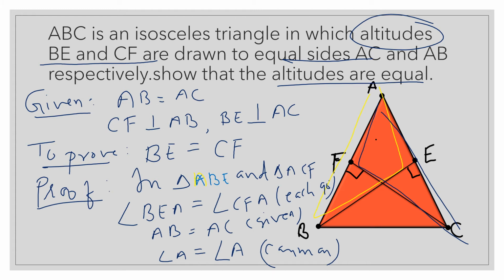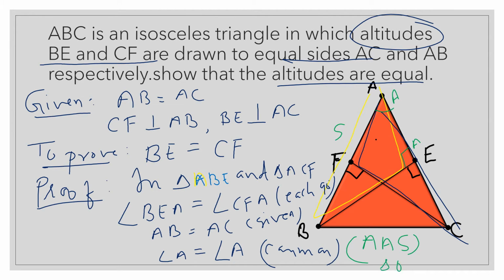So let us mark all the respective angles or sides. You have chosen this side. You have taken this angle and you have taken this angle. So by AAS criteria, these two triangles are congruent and hence BE is equal to CF by CPCT.